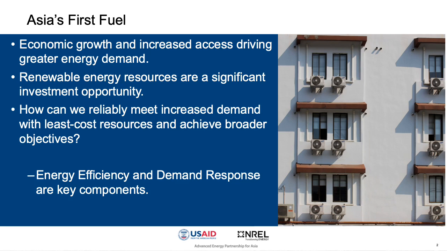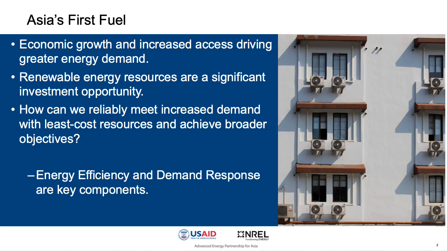Utilities typically want to avoid or defer investments in generation, transmission, and distribution, and they wish to maximize the utilization of existing resources. Customers want affordable energy that is sufficient for the services required in modern society.